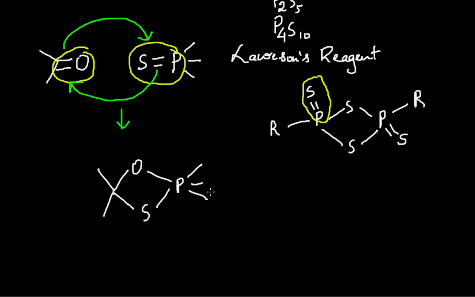In the next step, as I have told in class also, oxygen has an unusual affinity for phosphorus. So this bond will go away with phosphorus and this bond will become C double bond S. This is explained using HSAB theory, which we'll study in further classes. Note that phosphorus is in +5 oxidation state and therefore this oxygen has an affinity for phosphorus.